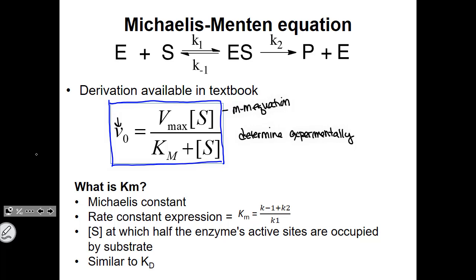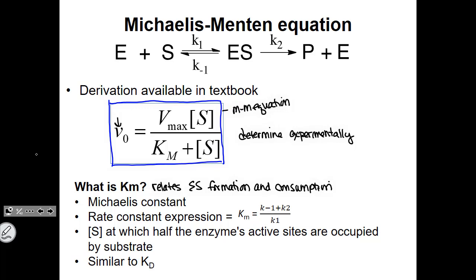All right, so what is a Km? A Km is referred to sometimes as a Michaelis-Menten constant, and essentially all it is a rate law expression or a rate constant expression. So really what Km is doing is it's relating the formation of that important intermediate, ES, to the consumption or breakdown.